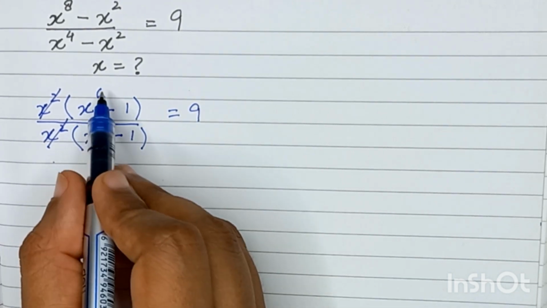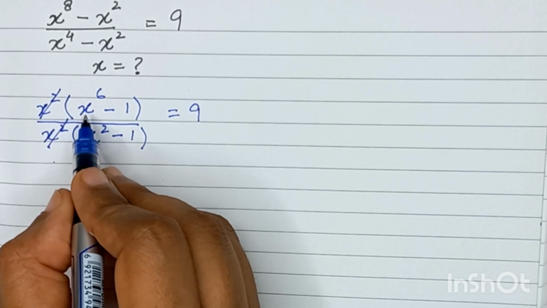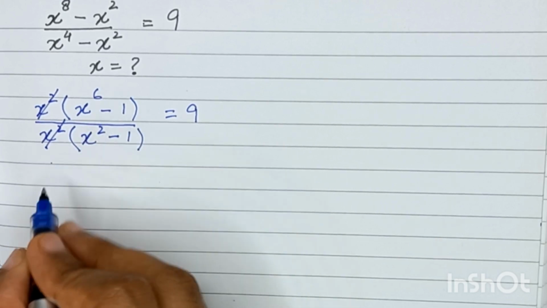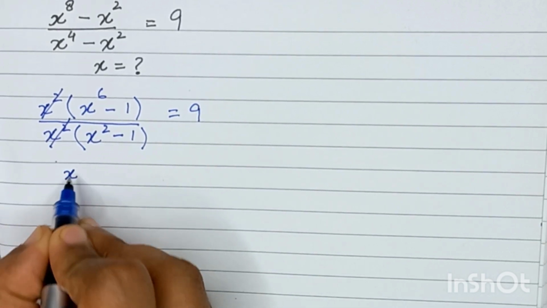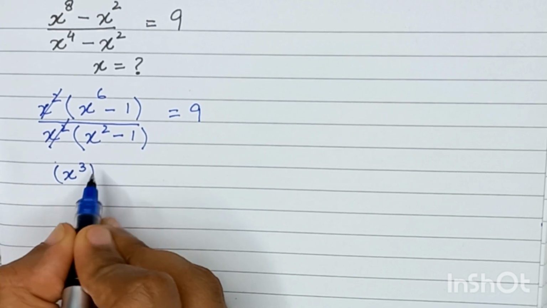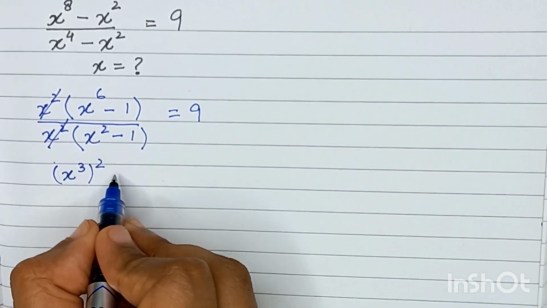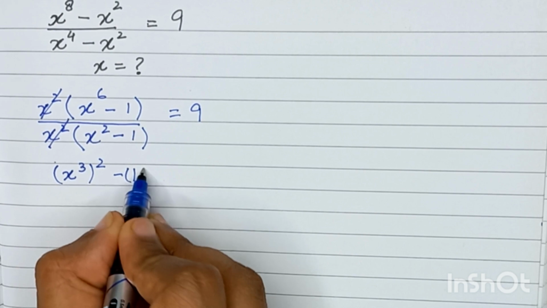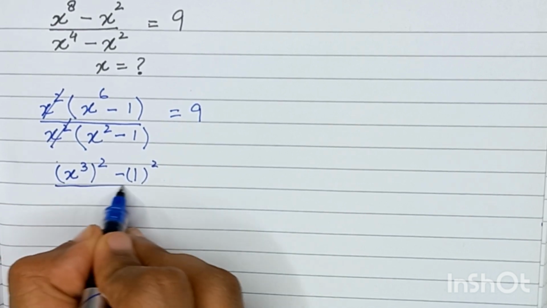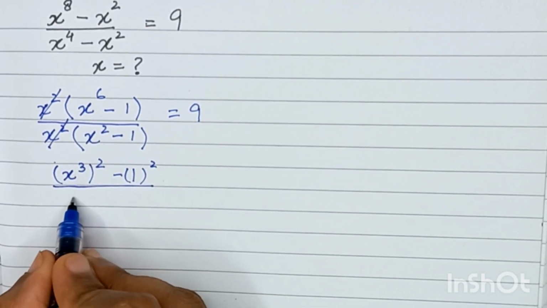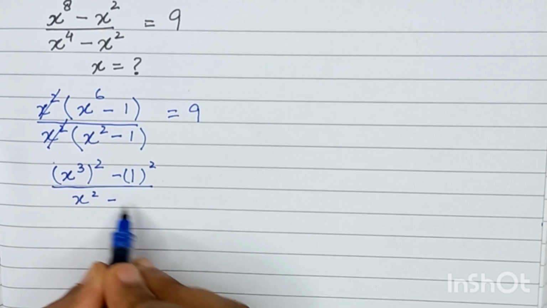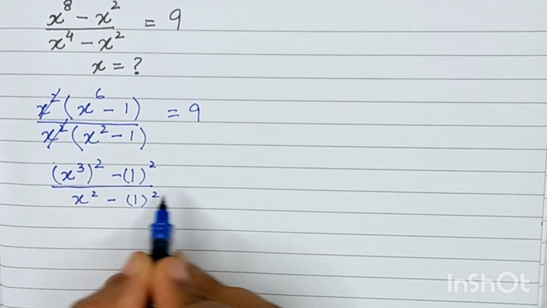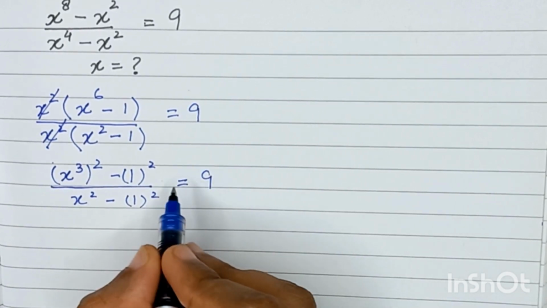We have (x^6 - 1) divided by (x^2 - 1). So x^6 can be written as (x^3)^2. We can write 1 as 1 squared, and similarly x^2 minus 1 can be written as x^2 minus 1 squared, which is equal to 9.